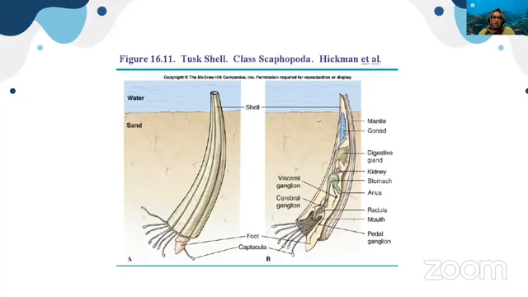Here you can see water enters, circulates and goes away. In this picture it's clear how the internal organs are organized inside the shell.